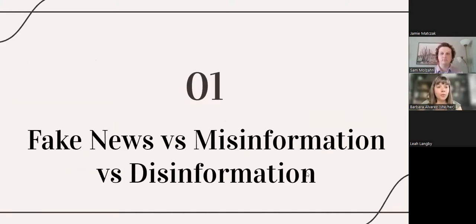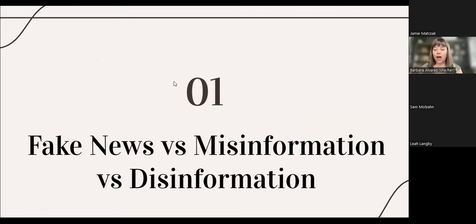So the first thing that we're going to do, Sam and I are going to take turns talking about different areas of fake news, misinformation, and disinformation, and how it connects to the libraries. My part is going to be talking about the grounding piece about what fake news is and why this matters. And then Sam is going to be talking about how you can connect this to your library services and programs.